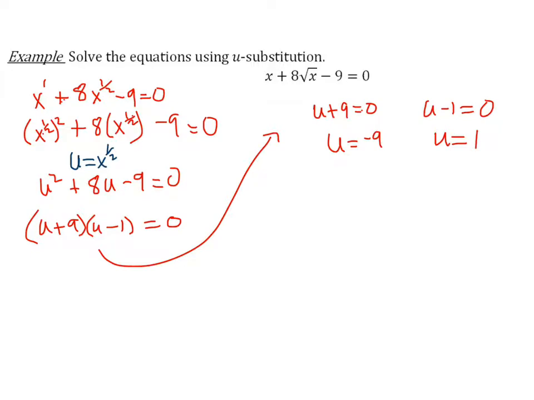Okay? And now what we need to do is we need to resubstitute for our u, because we know that u is x to the 1/2. So now we need to take this guy and plug it in here. And so we end up with x to the 1/2 equals negative 9, which we're going to square.